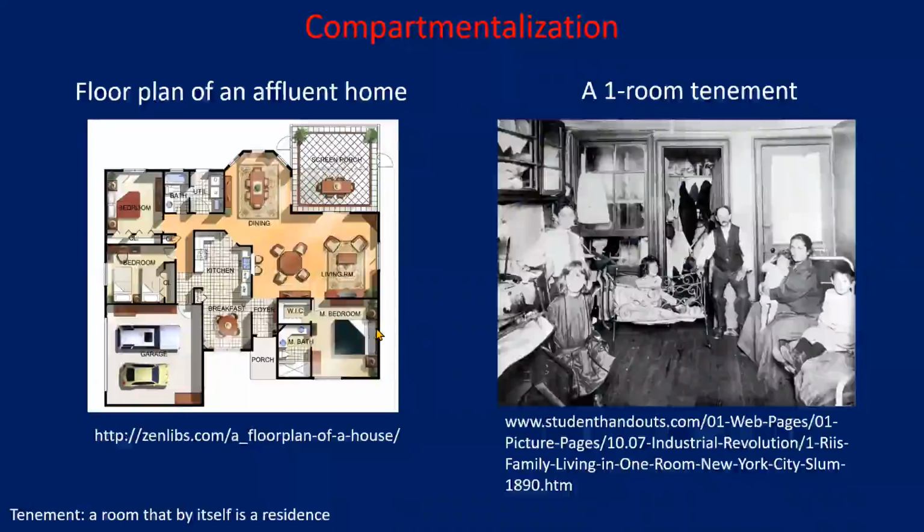But when you think about prokaryotic versus eukaryotic, the simple analogy is a 3-bedroom flat versus a 1-bedroom flat. In the 3-bedroom flat, you have very specialized compartments: a living room, a dining area, a porch, different bedrooms, maybe a garage, and a kitchen.